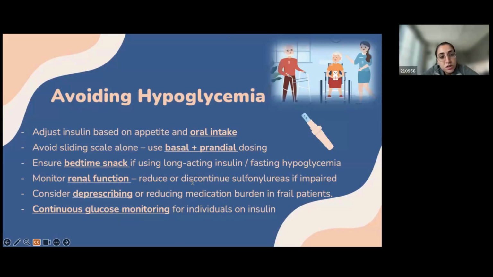For those on long-acting insulin, sometimes a bedtime snack can help prevent fasting hypoglycemia. And we also need to monitor renal function closely because a lot of medications need to be adjusted in the event of renal dysfunction, namely sulfonylureas, and we want to try to even discontinue them if there is renal impairment, as well as insulin.